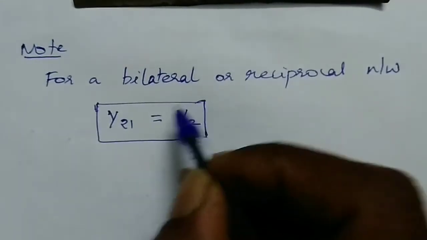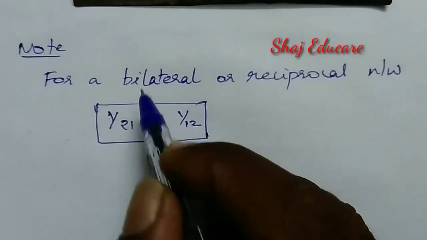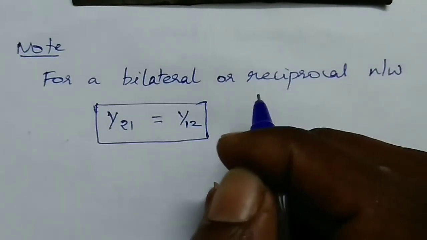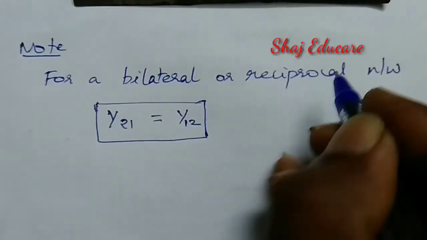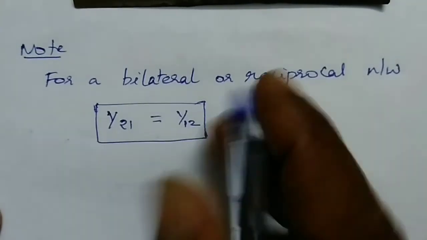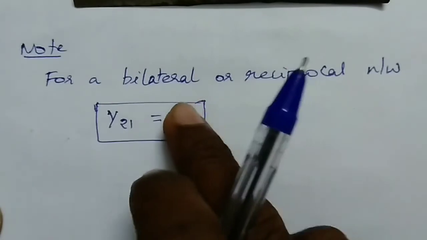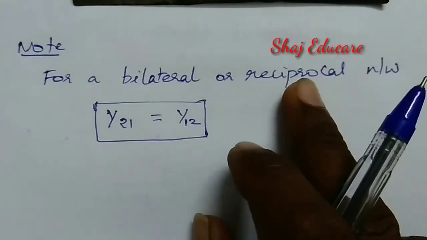Otherwise, we can say that if a network is said to be a bilateral network, or a reciprocal network, then the condition is y21 should be equal to y12. Then only we can say that the network is a bilateral network, or the same network is a reciprocal network.